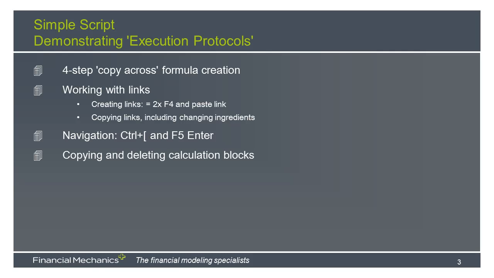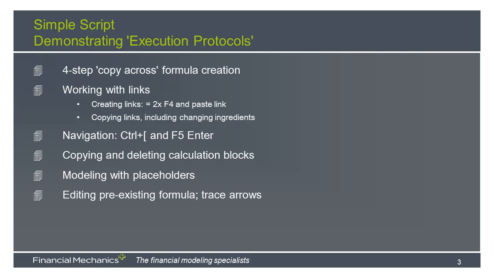We're going to copy and delete calculation blocks and reorganize things, and ensure that we are fluently capable of such keystrokes or techniques as insert copied cells. I'm going to model with some placeholders, take an opportunity to modify the pre-existing setup and see if we can, as we often say, hack things in a temporary way.